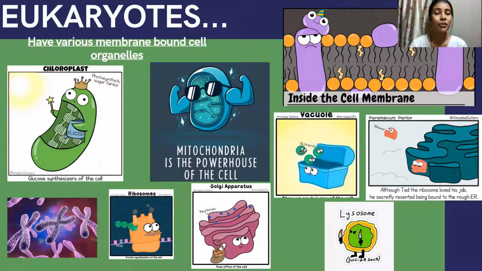And another difference was the cell wall. Here there is a cell membrane, and the cell membrane is made up of a phospholipid layer. Phospholipid, that is phosphorus and lipid, a conjugation of these two molecules, and there are two layers of those molecules.